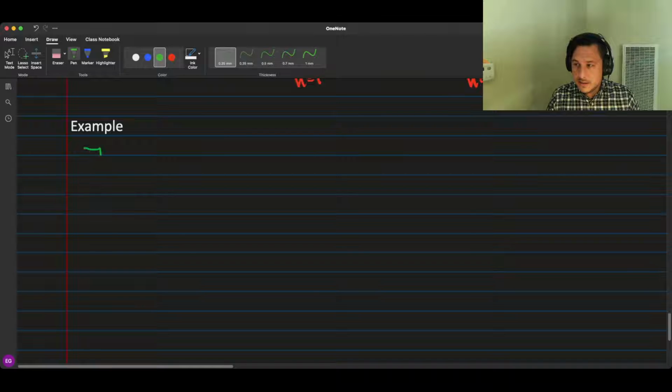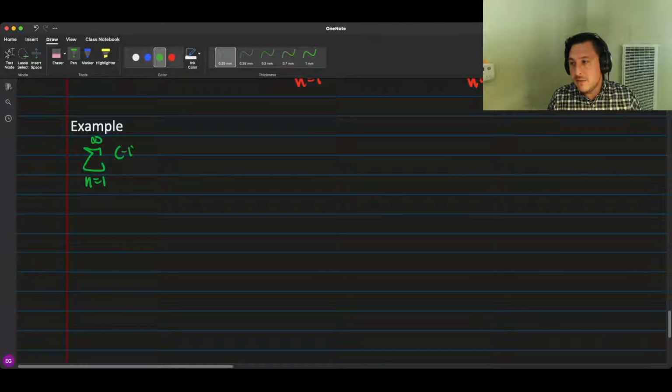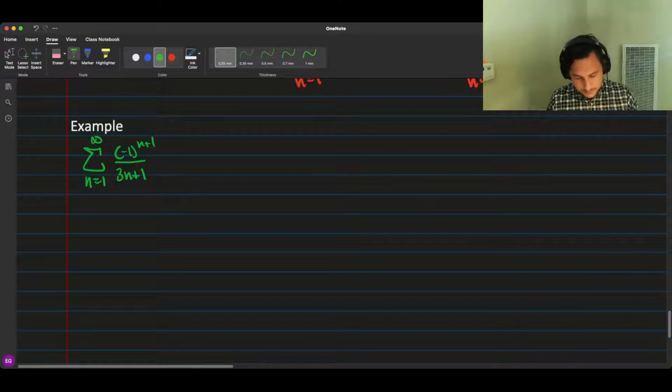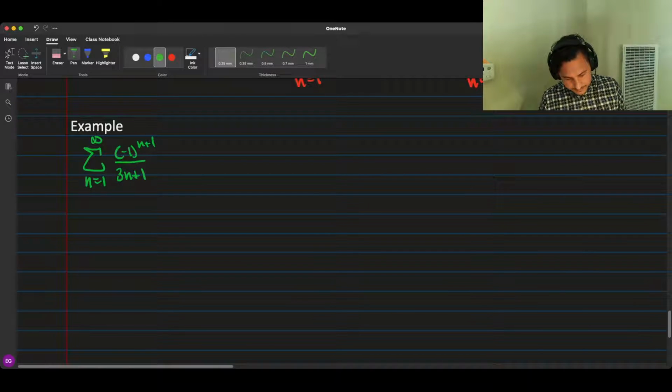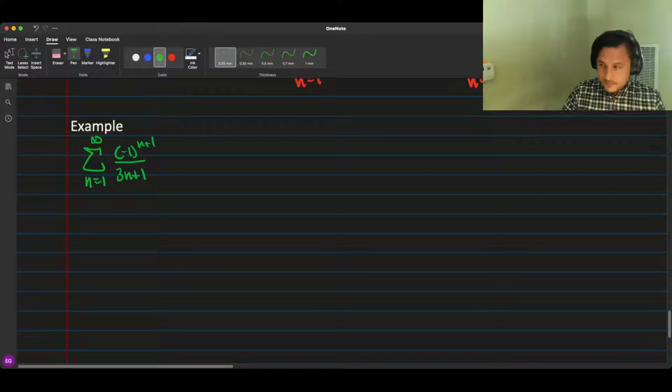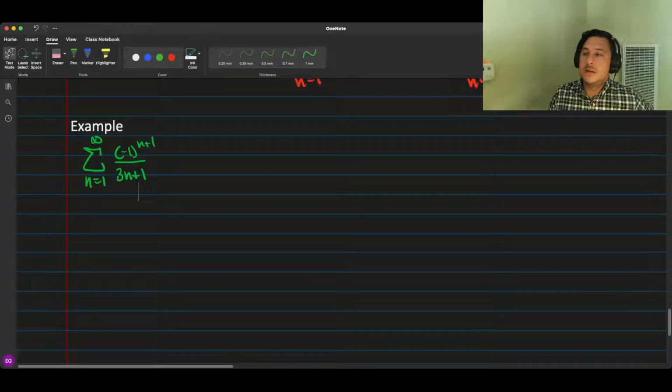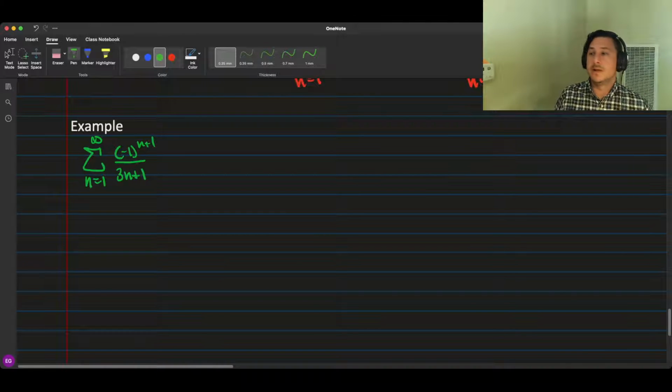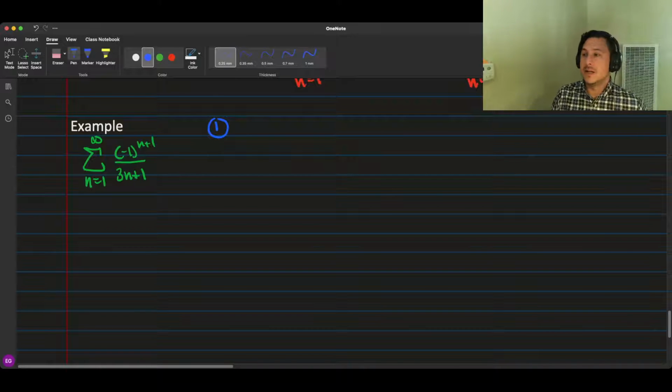Let's look at the infinite sum from n equals 1 to infinity of (-1)^(n+1) over 3n+1. First of all, let's figure out if this converges. Let's use the alternating series test. What does the alternating series test tell us?